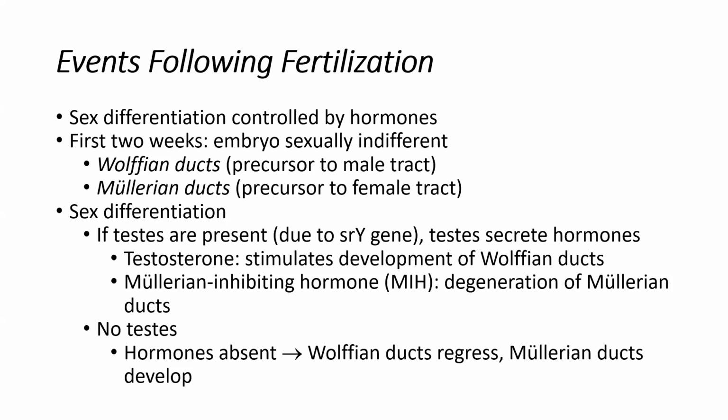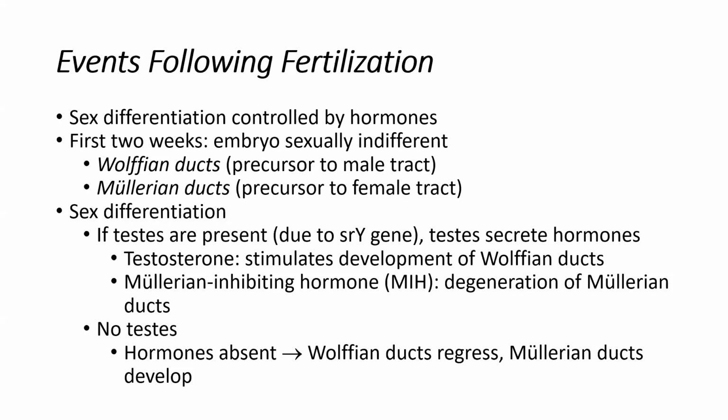Testosterone is going to stimulate the further development of the Wolffian duct, which is going to give us the male reproductive structures. But the testis will also secrete MIH, which is Mullerian inhibiting hormone, and that is going to cause the Mullerian duct, which is also present up until 2 weeks, to start to regress or degenerate.